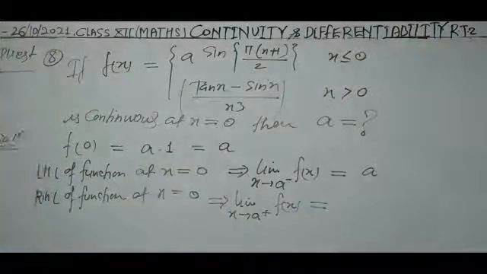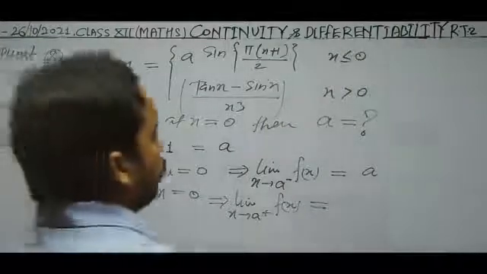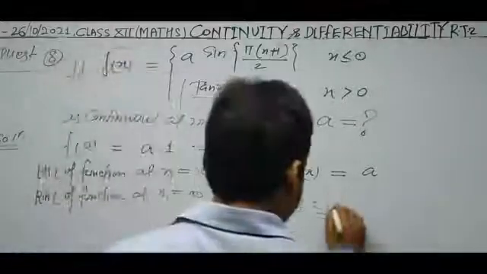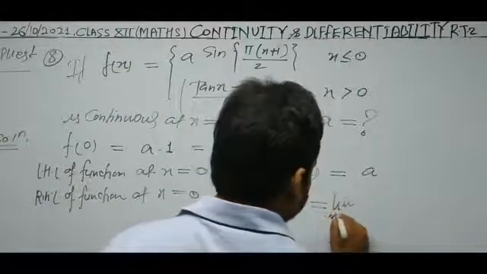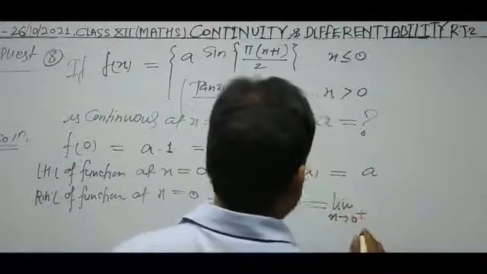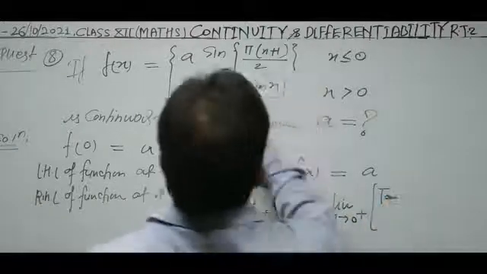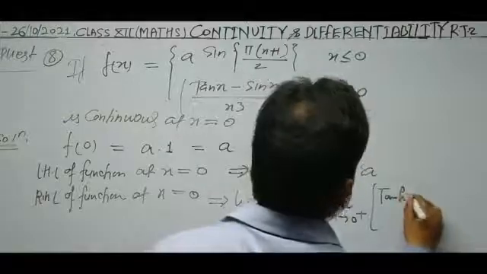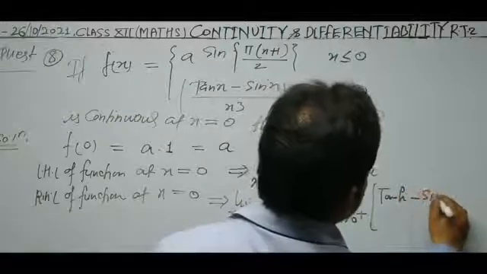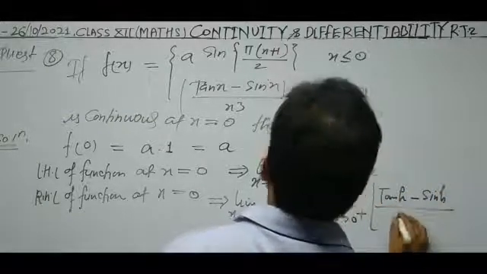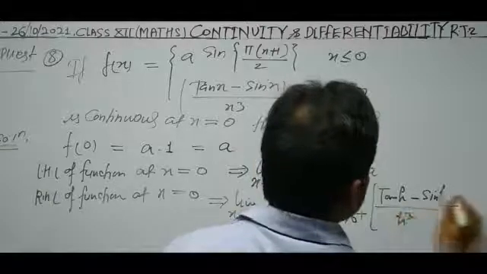We can write limit x tends to 0 plus, tan of 0 plus h means tan h minus sine of h, whole upon h cube.